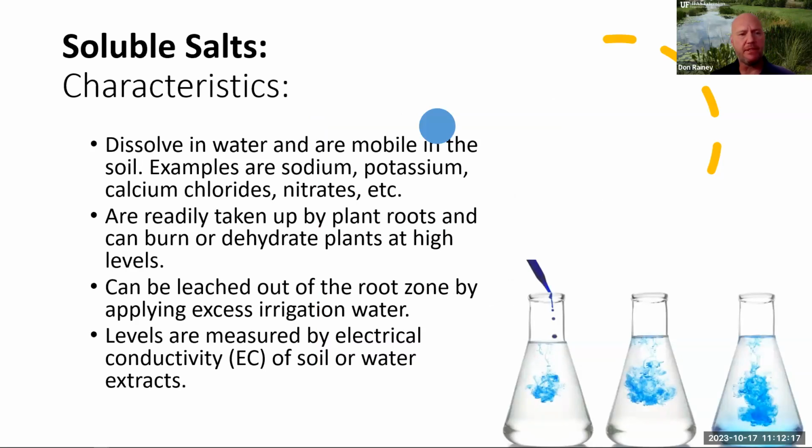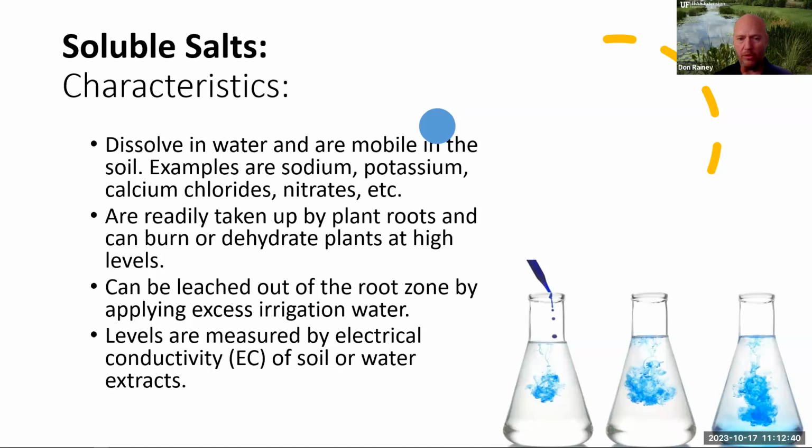So we do have characteristics, and the two characteristics I want to talk about are the soluble and insolubles. So the solubles are kind of like what I would call, again, going back to when I was a kid, Kool-Aid. You put it in water, turns a color, it mixes up, you drink it. That's basically what we're talking about with solubility. And these salts dissolve in water.